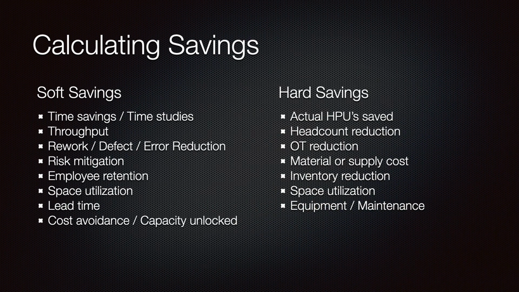And then this is what I mentioned about the materials up above, getting into equipment and maintenance where you're having to buy replacement parts. If you can improve the overall equipment effectiveness to where it's not breaking down as much, you don't have to have as many replacement parts on hand, that is all hard savings. And of course, shipping and logistics.